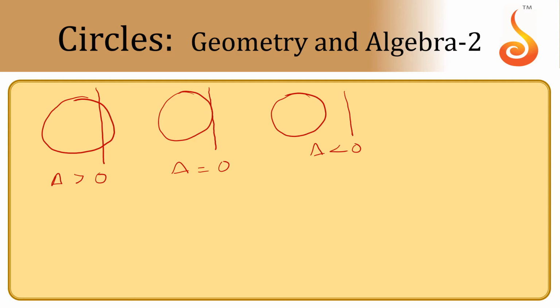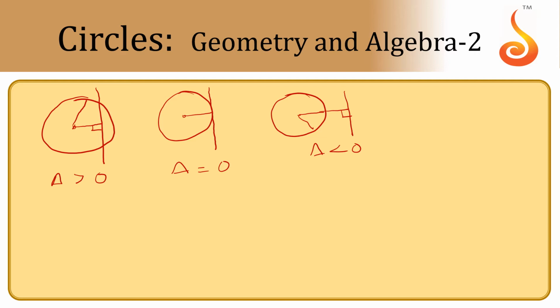Here the circle has this special facility that to check these situations, from the center of the circle you can compare the perpendicular distance to the line with the radius of the circle. This is the perpendicular distance, this is the radius. So by comparing radius and perpendicular distance also you can see the situation. But I want to explain any curve, any line situations by taking the standard circle.